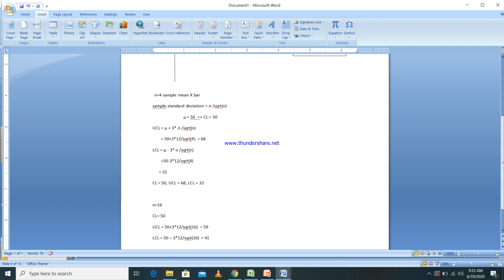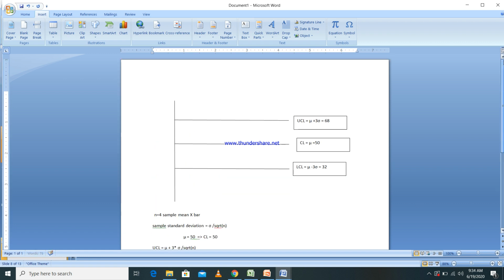Now the problem is, how are you going to calculate the ARL value? Or in other words, how are you going to calculate the average run length using your control chart? I told you the average run length means, on average, how many samples you have to take in order to get an out of control signal, right?